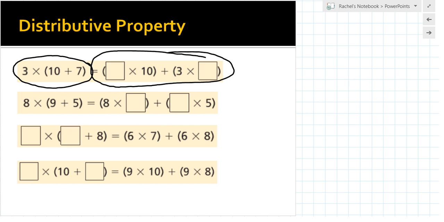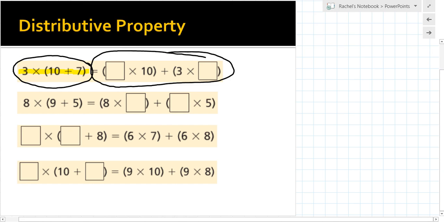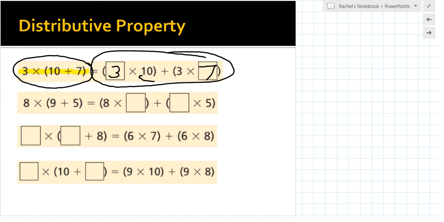If we look at this problem, the 3 times 10 plus 7, that's the first part of the distributive property. It's multiplying a number, 3, by a sum, 10 plus 7. So looking at this, we're multiplying 3 times 10, which was the addend, and 3 times 7, which was the other addend.